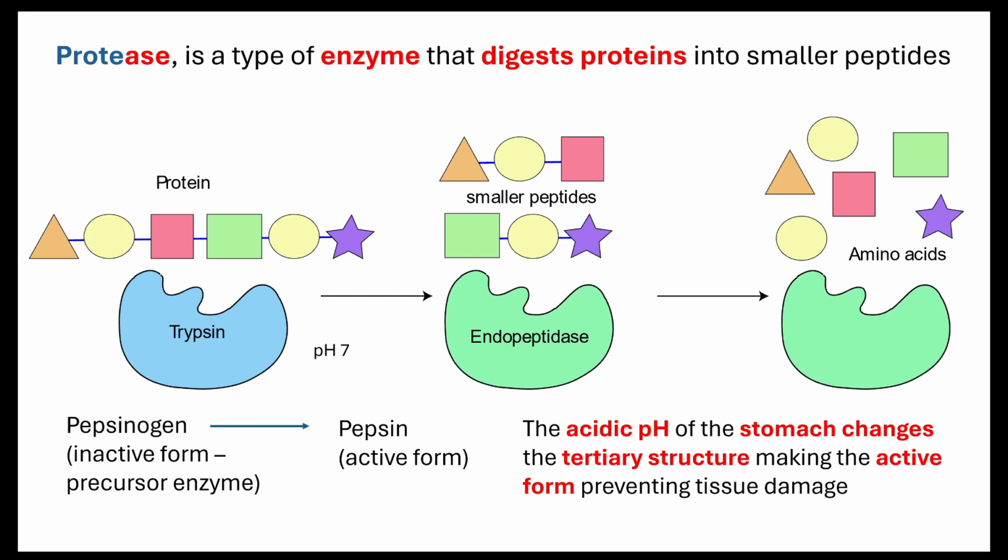That is an important step in the process because that ensures that the pepsin, the active form, is not within the cells. Because if it is within your actual cells, it would start to digest the cell's proteins, whether that's the proteins in the membrane or the proteins in the cytoplasm, and therefore cause tissue damage.